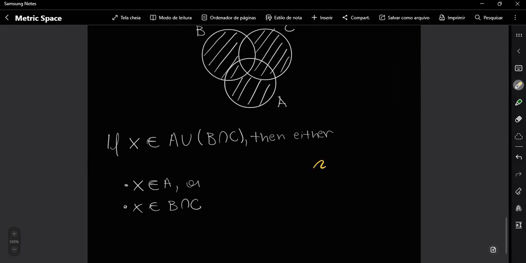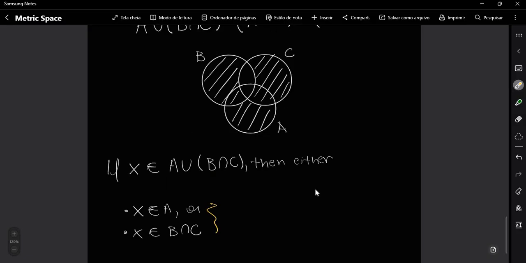Well, if we look at these partitions, if we can call it this way, because this is A and this is the intersection. So if you look at it, we can see where we can place this element x.